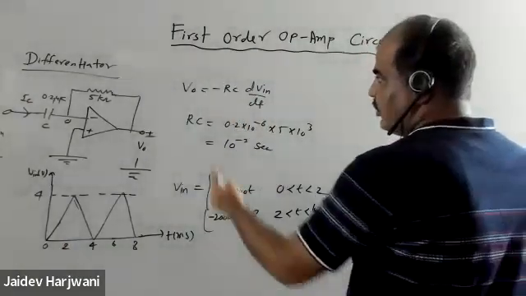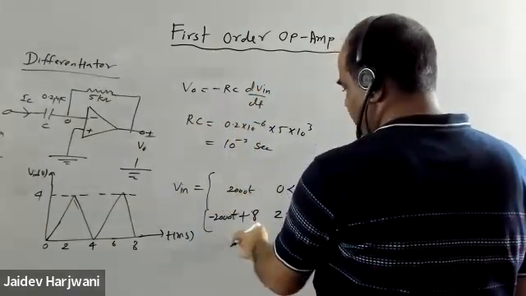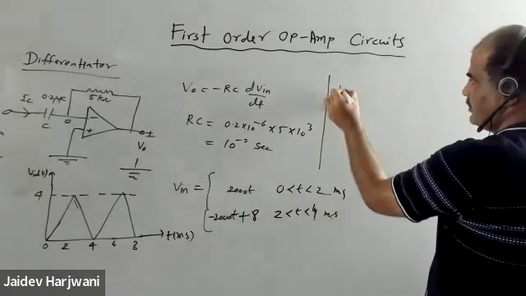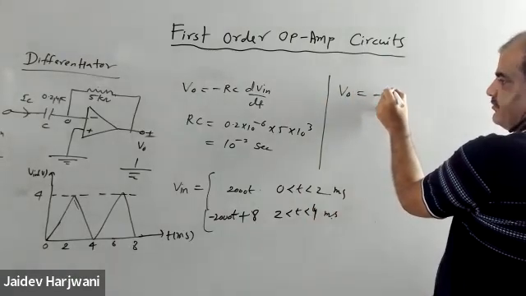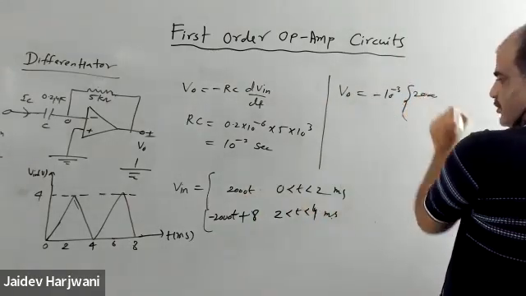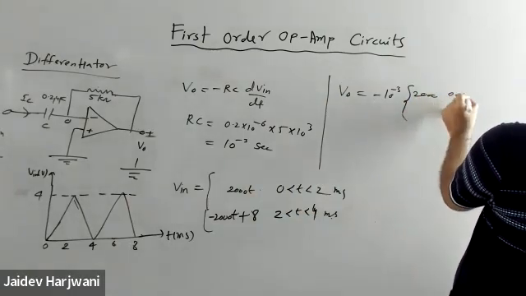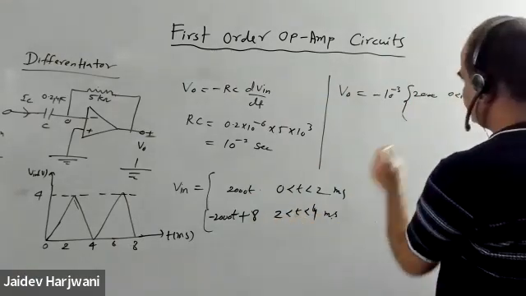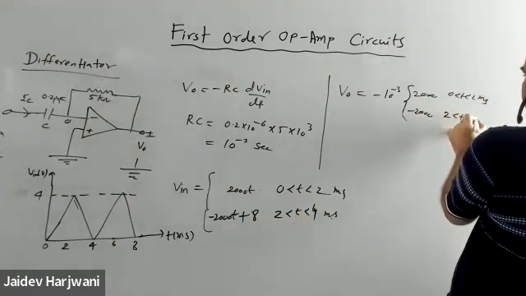Now you want V output, so simply multiply this by RC and differentiate this equation, and you'll get V output. So my V output will be minus 10 to the power minus 3 into this 2000, between 0 to 2 millisecond, and also minus 2000 between 2 to 4 millisecond.